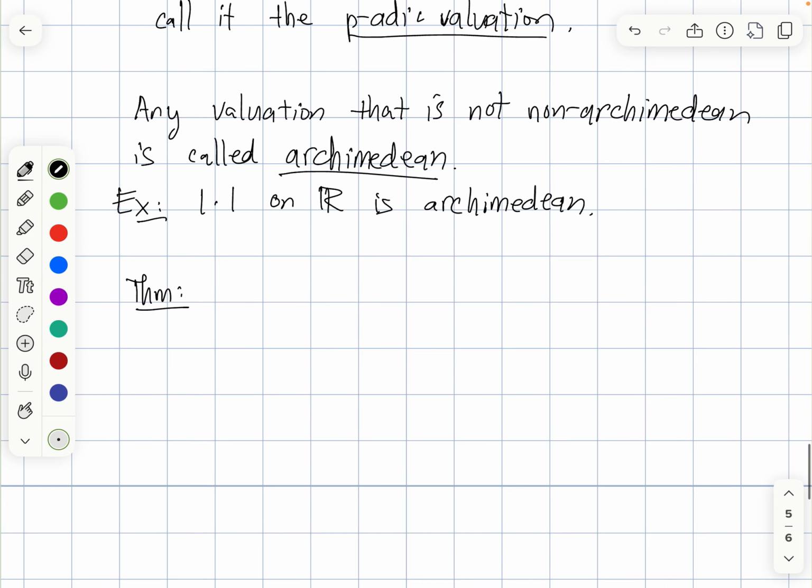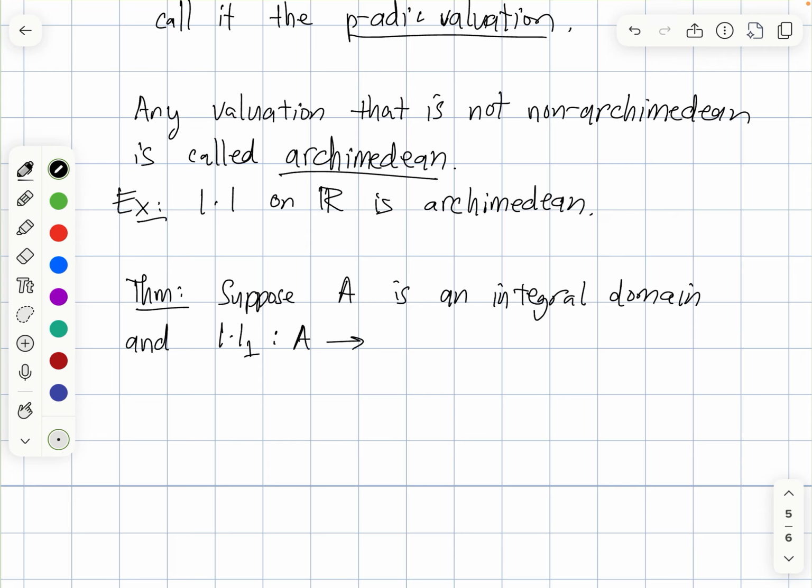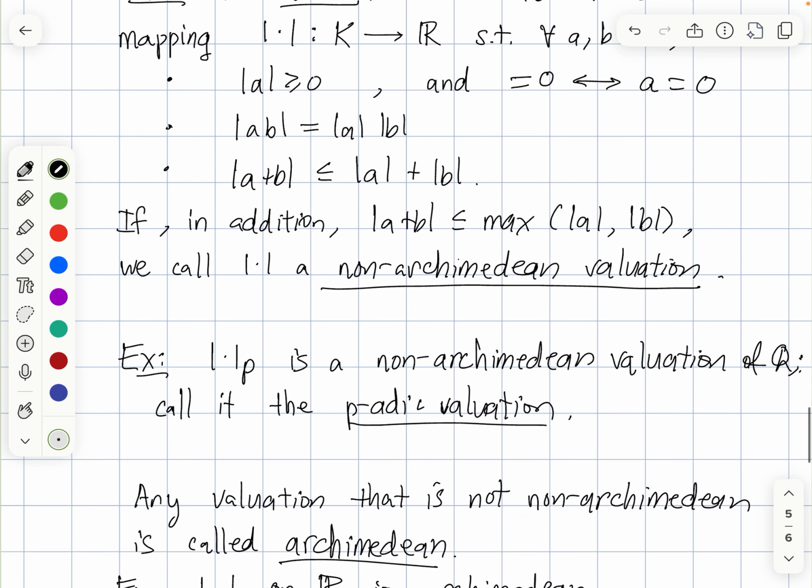So suppose that A is an integral domain, and you have a mapping, say, this mapping with the subscript 1 from A into the reals, satisfying these conditions. Let's call these conditions 1, 2, and 3.